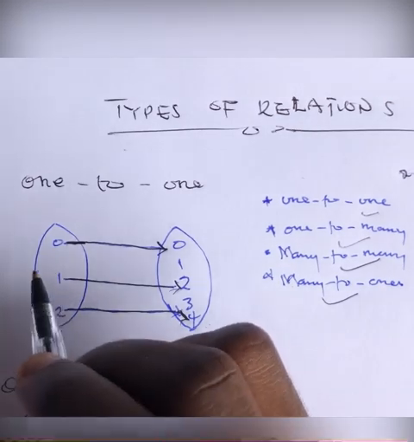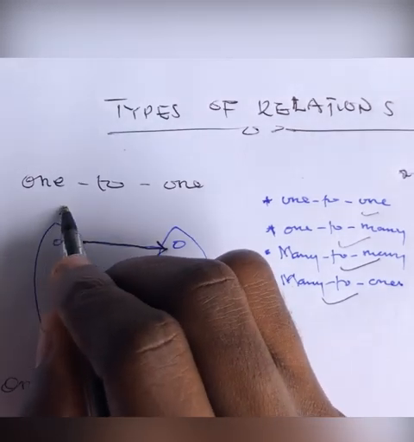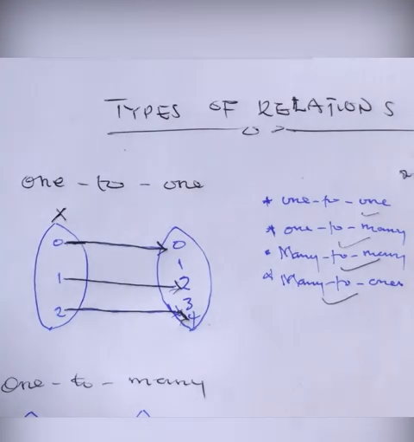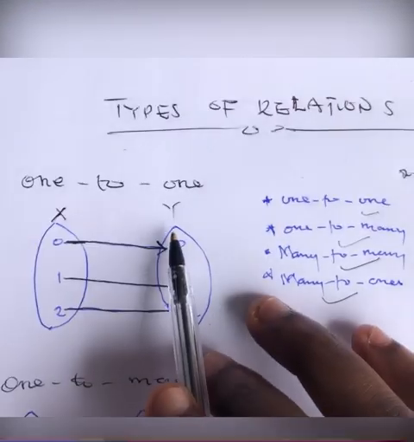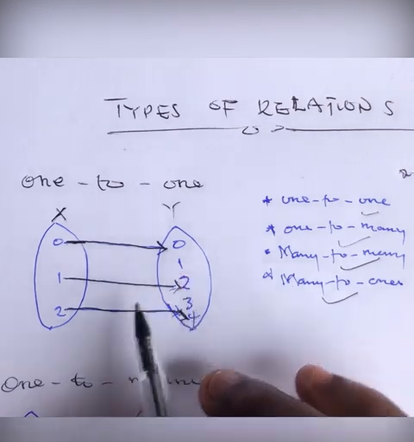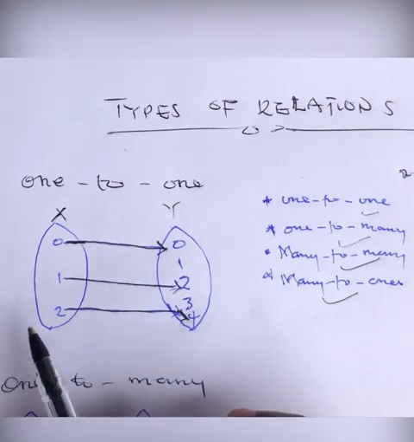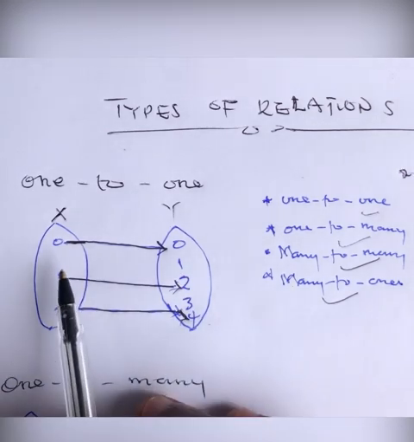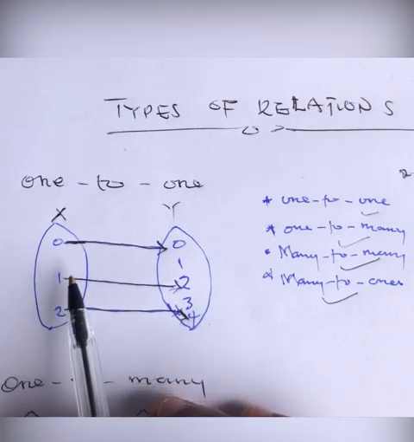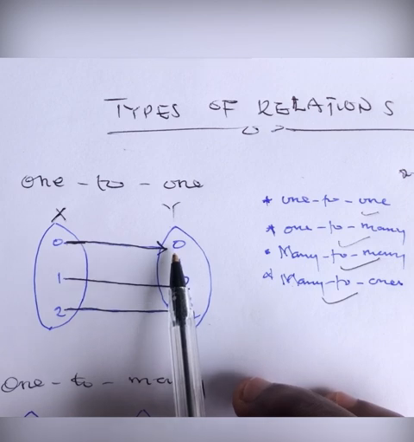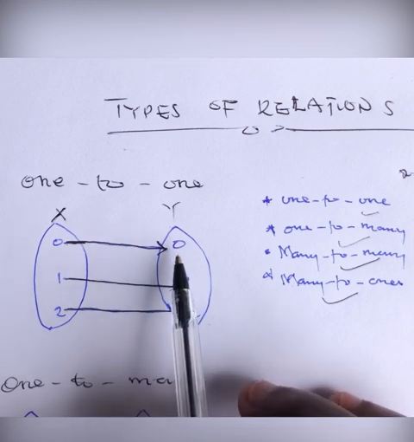Now, when we say one-to-one relation, already I've said that this side is x, which is the domain, and this side is y, which is the codomain. So a one-to-one relation is where a member from the domain maps onto a member of the codomain.